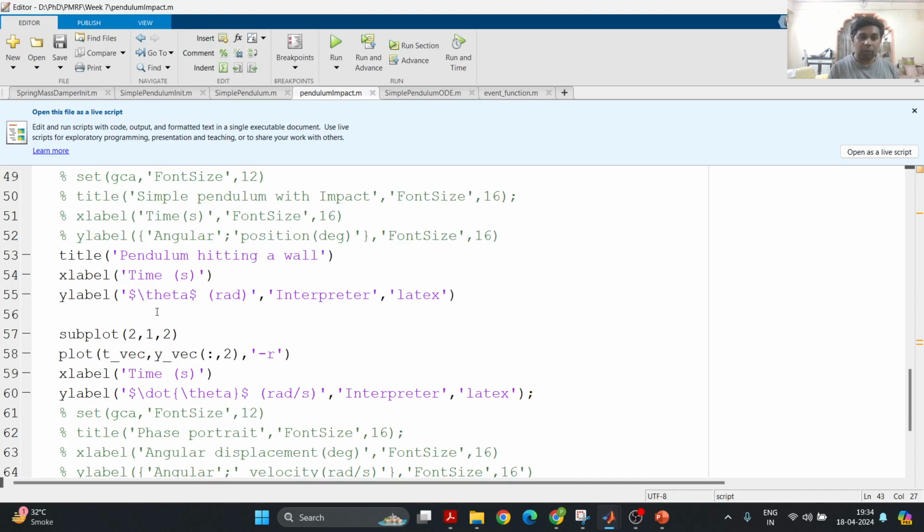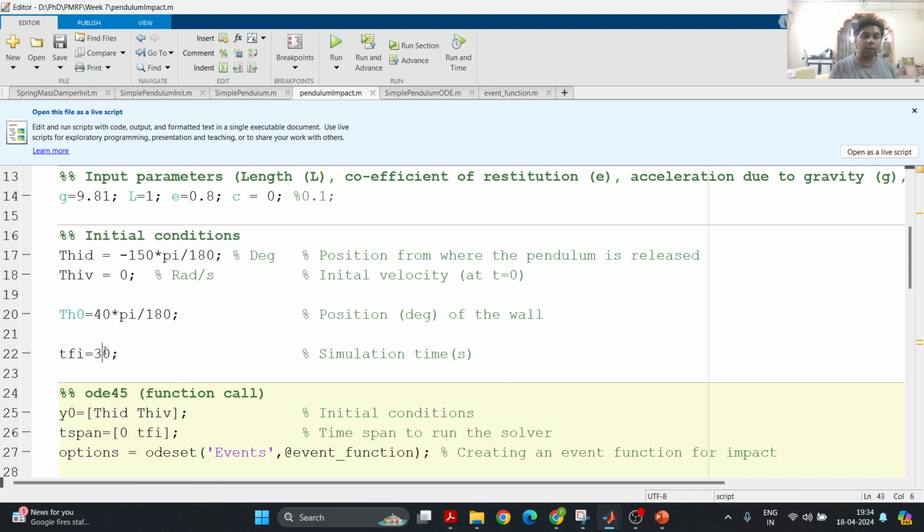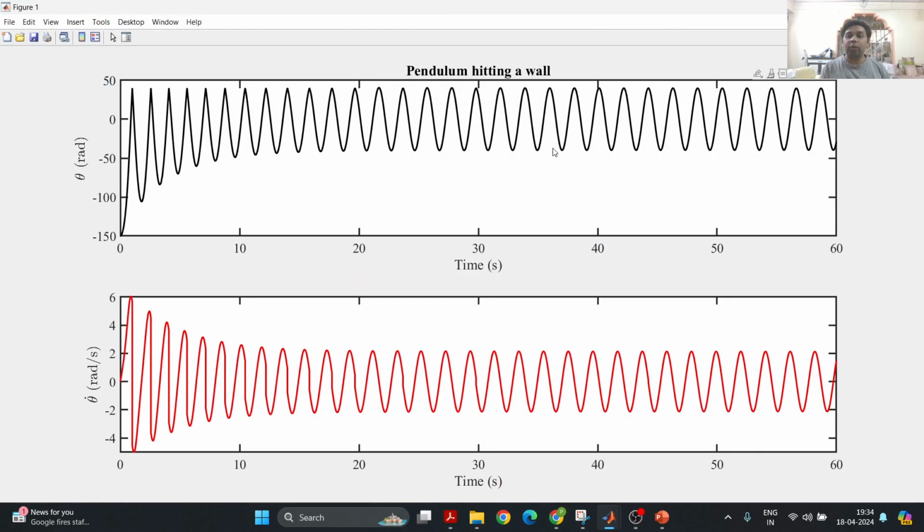If we solve for a long enough time, let us say if we set the simulation time to 60 seconds or so, we will see that the amplitude of the pendulum will essentially remain constant after a certain time. We can see it is oscillating between plus or minus 40 degree angle.